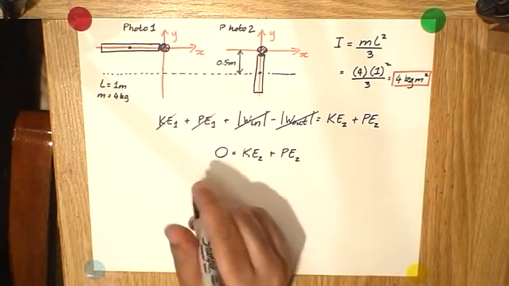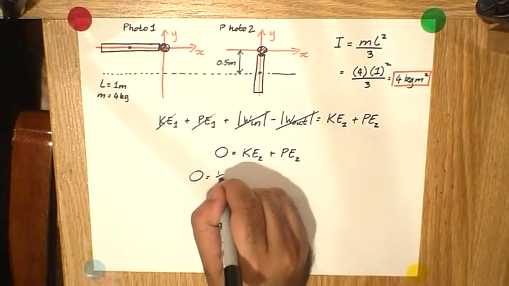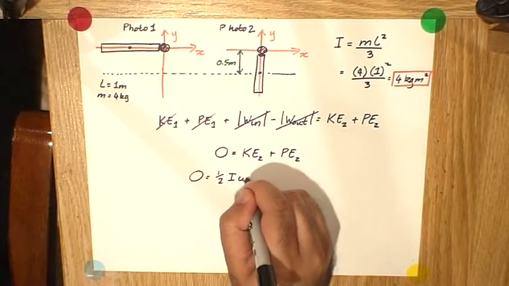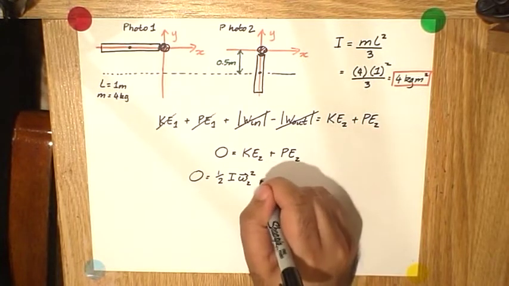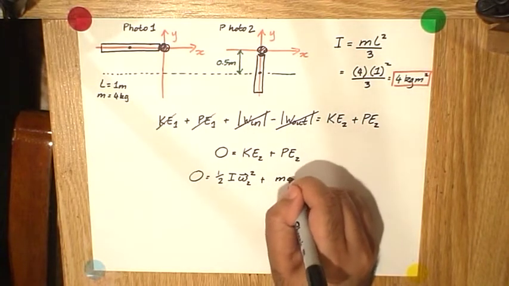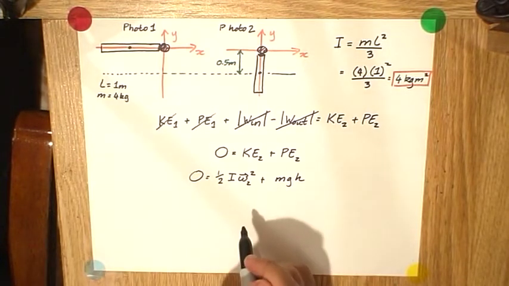Let's expand these out. 0 is equal to KE2. This is a rotational kinetic energy, so that's 1/2 I omega squared, and this would be omega 2 squared, plus the potential energy is going to be given by mgh.